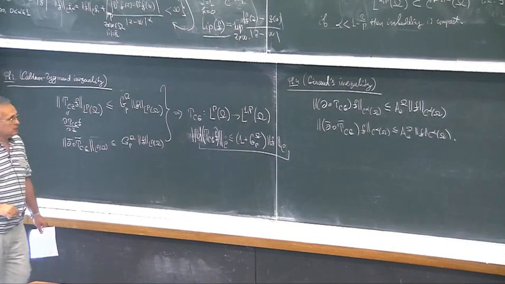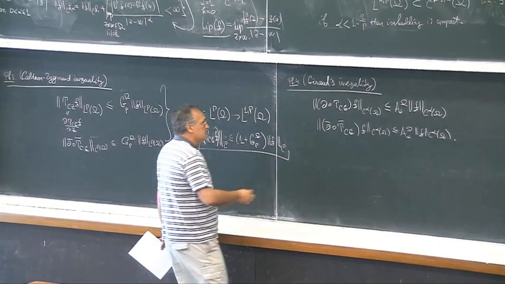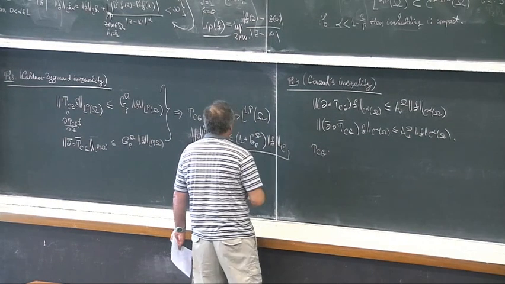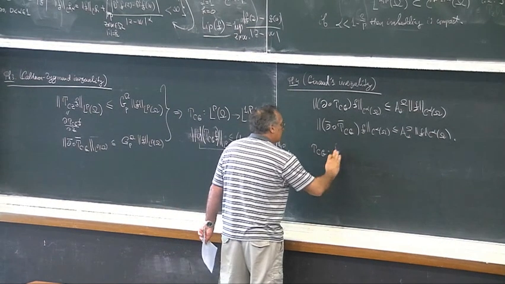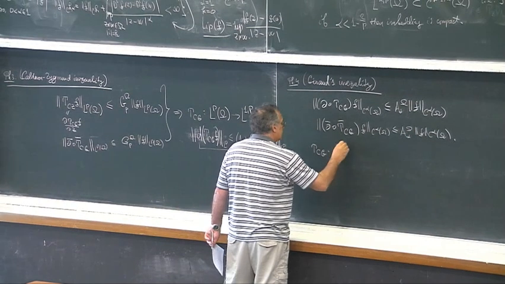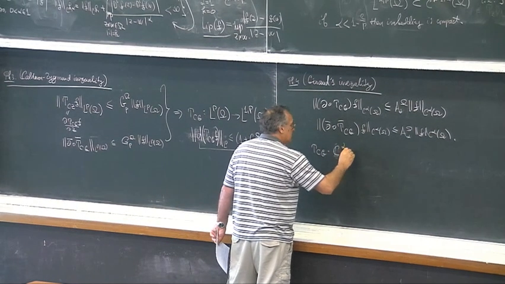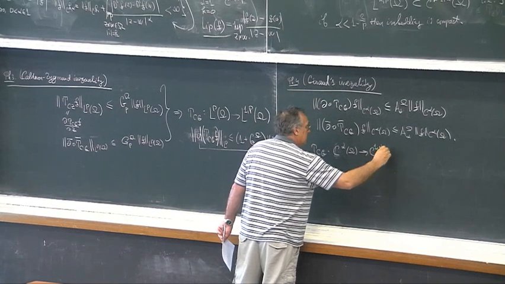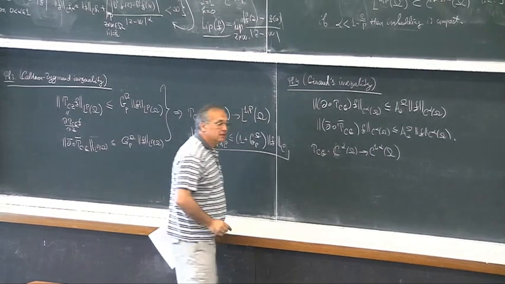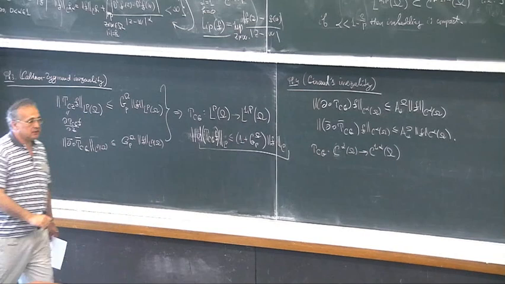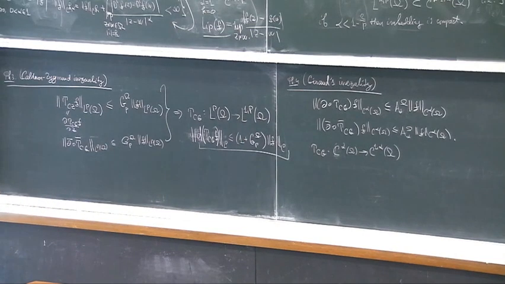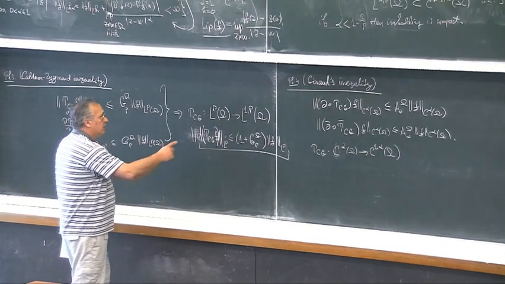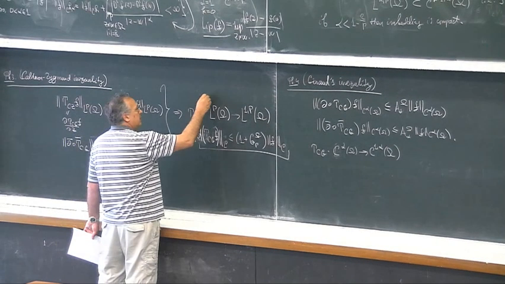Okay, so that means again that Cauchy-Green acts from C alpha of omega to C1 alpha of omega and is a bounded linear operator. Of course, in all these statements you can put k.